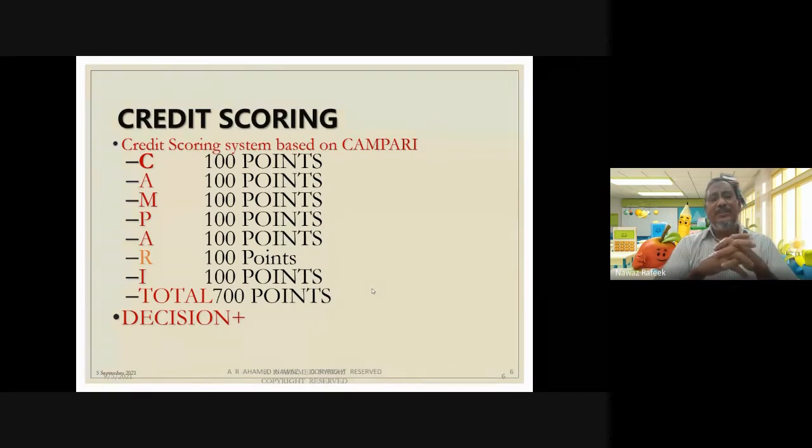It may not be considered for a facility. But you may find that the customer has strong repayment ability, having a monthly income, and the monthly salary is coming to the bank. So the repayment ability is very high, but that point has been submerged or taken down by the other unimportant factors. That is the disadvantage in this credit scoring system that we come across.